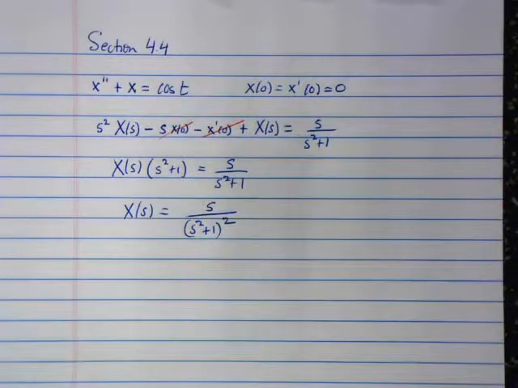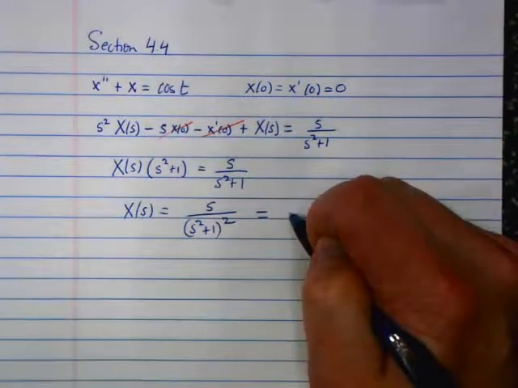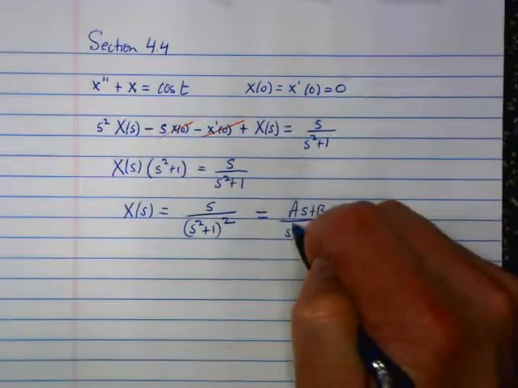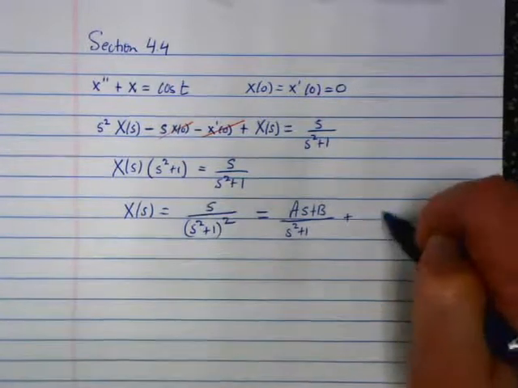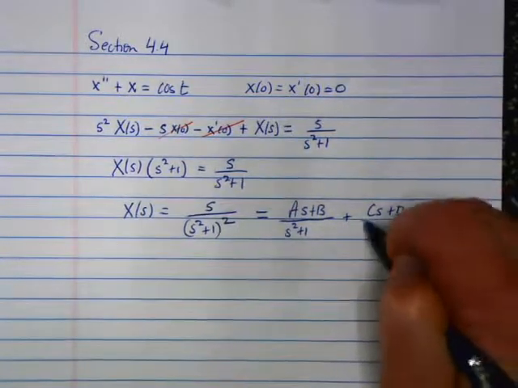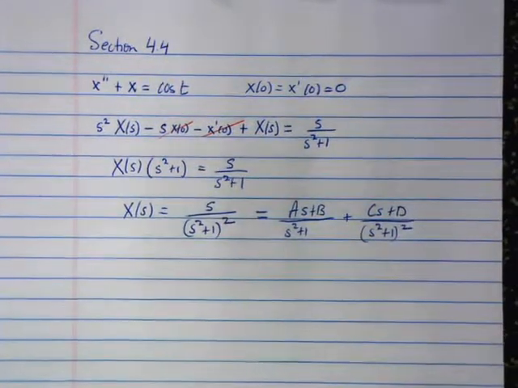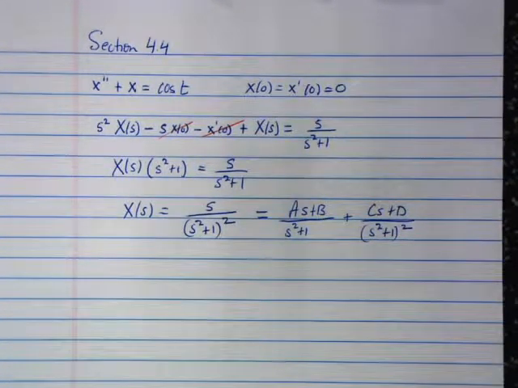So I'm not going to work out the whole problem, but what we would have had to do is write it as A s plus b over s squared plus 1 plus cs plus d over s squared plus 1 squared. We would have had to clear our fractions, plug in some nice numbers, hope we can make things work out, figure out A, B, C, and D, and then take the inverse Laplace transform.